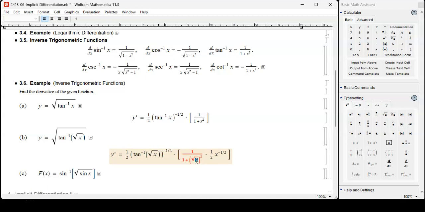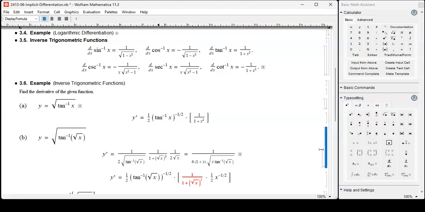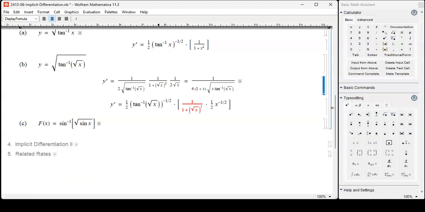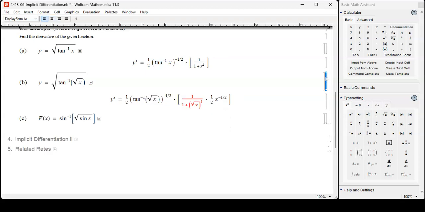Or square root of x, excuse me. So this overall, it'll become 1/(1 plus x). Yeah, 1 plus x. I did this square root expression, but me personally, I like this power form better.